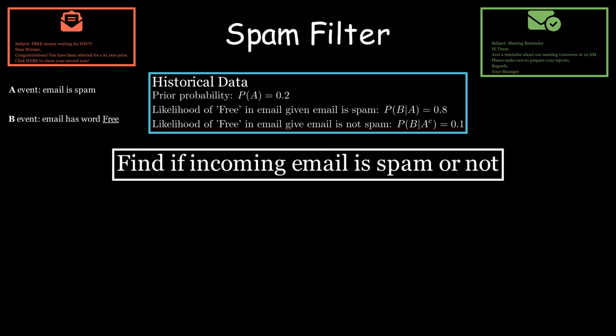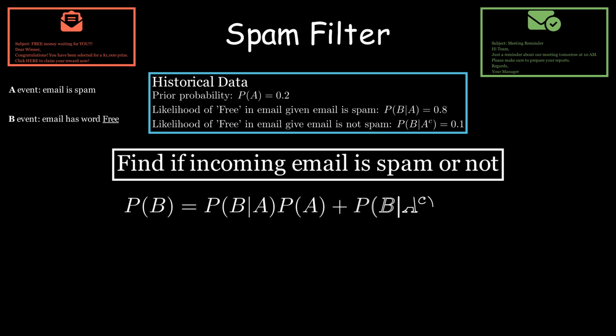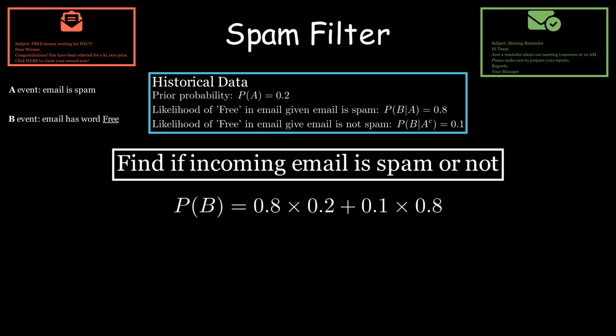To solve this problem, first, we can use the law of total probability to find the total probability of the event B, which is the probability of the word "free" appearing in an email. Substituting the given values into the formula, we find that the probability of the word "free" appearing in an email is 0.24.